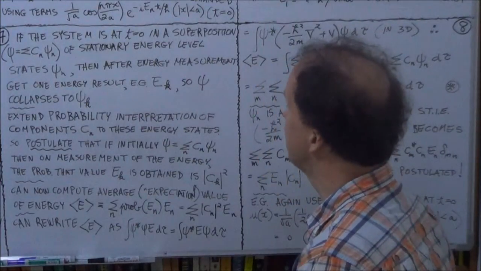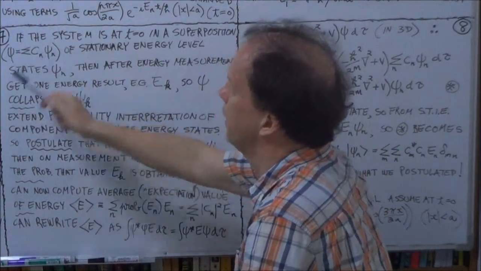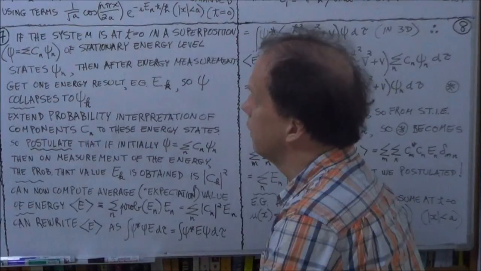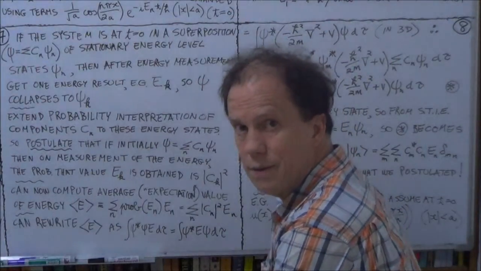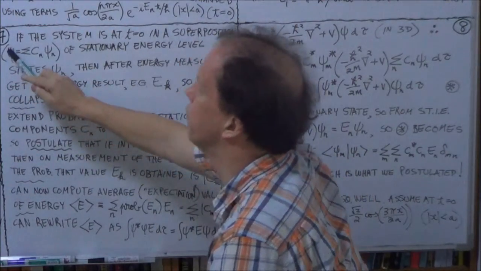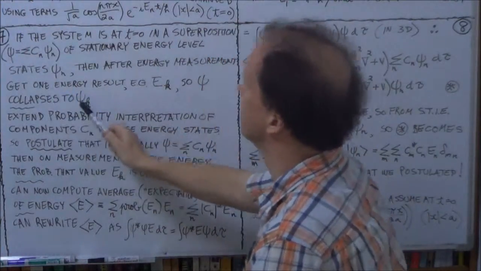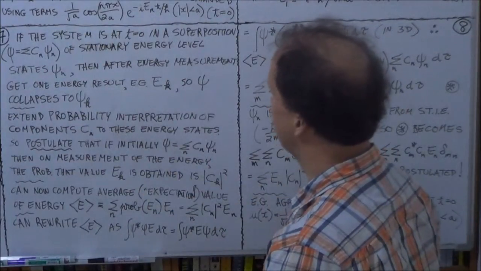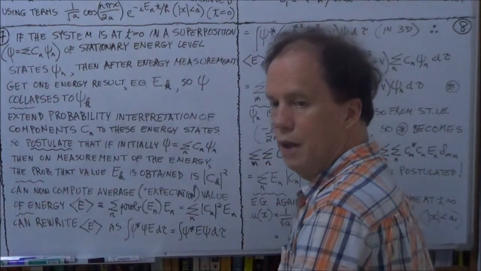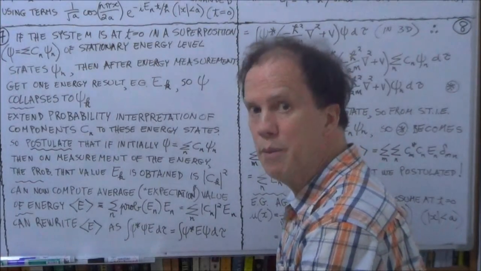So it's looking increasingly like this idea of interpreting the square of these expansion coefficients as probabilities. Probability of, when you actually do the measurement, your superposed wave function collapses to your psi k. So psi becomes psi k after the measurement, and the result of the measurement is Ek. Now that's true for energy, and next chapter we will do the same kind of thing for angular momentum.